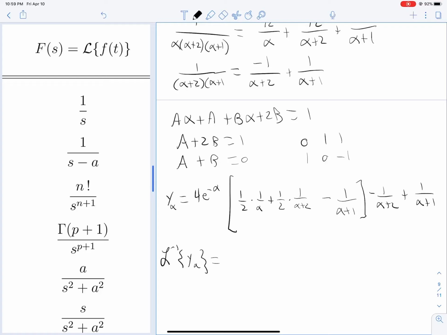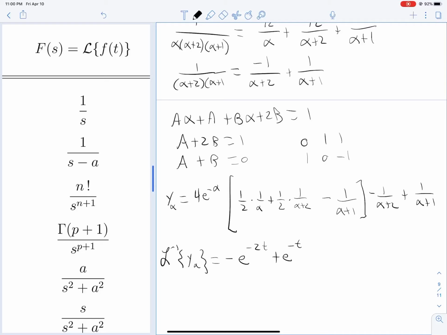And so if this a term in this case is negative 2, we can say that this guy right here, when we run the inverse Laplace transform on it, will be negative e to the negative 2t. And then in the same way, right here we will get plus e to the negative 1t.